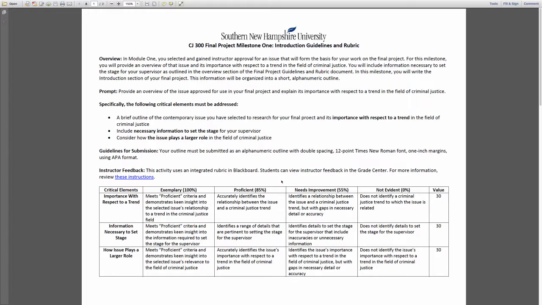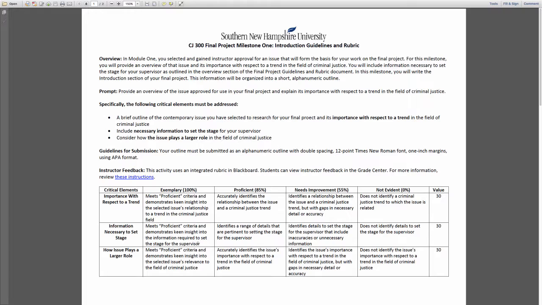Next up is information necessary to set the stage, thinking of this as a presentation. Again, proficient score says, identifies a range of details that are pertinent to setting the stage for the supervisor.